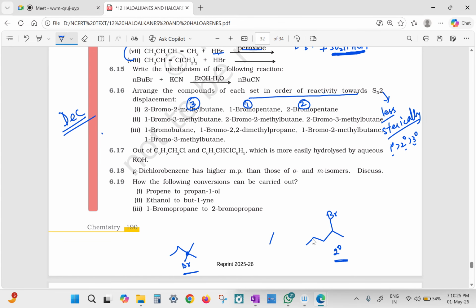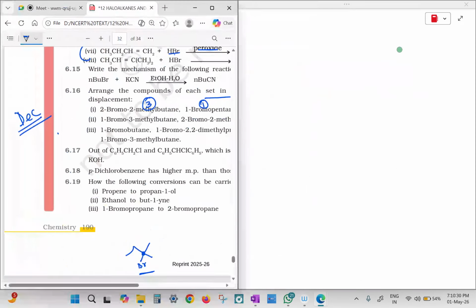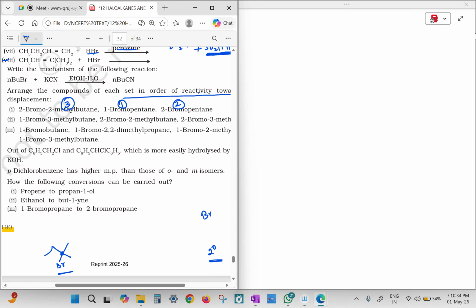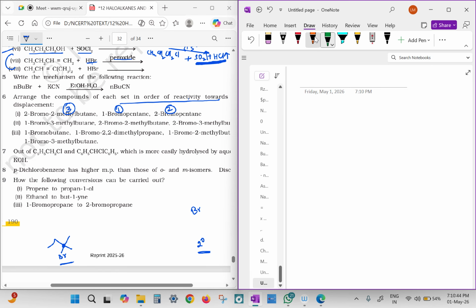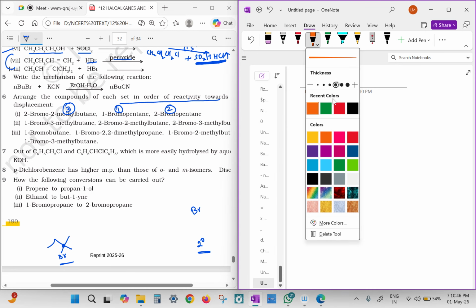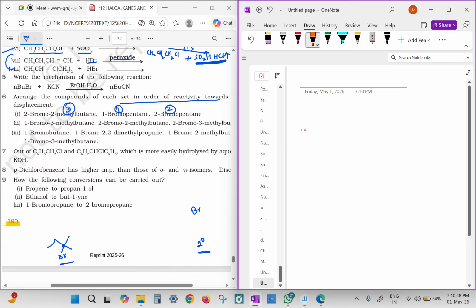Okay, the next one is 1-bromo-3-methylbutane. So it is butane, 1-bromo, and 1, 2, 3, 3-methyl.